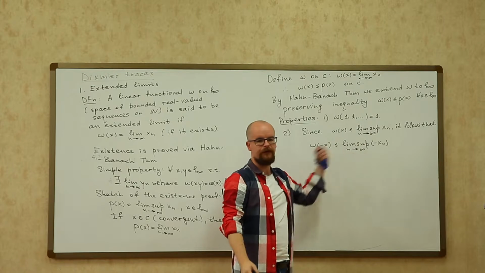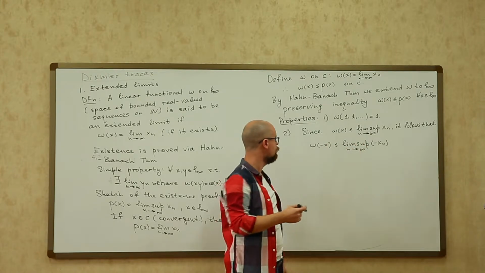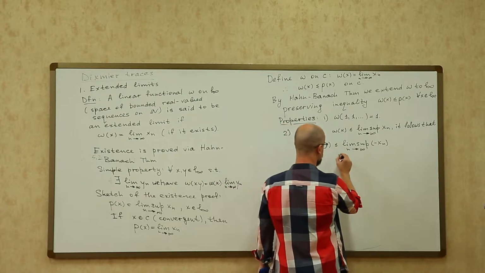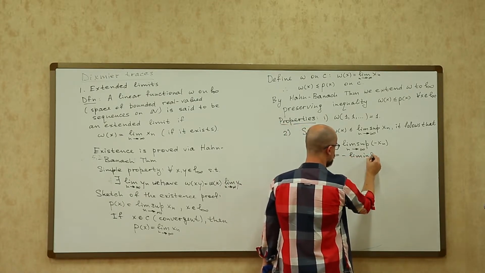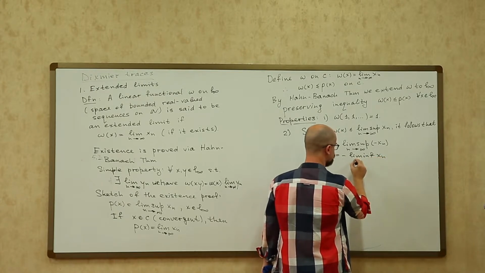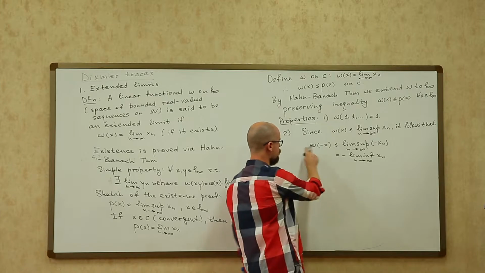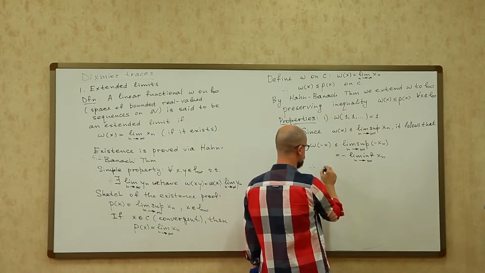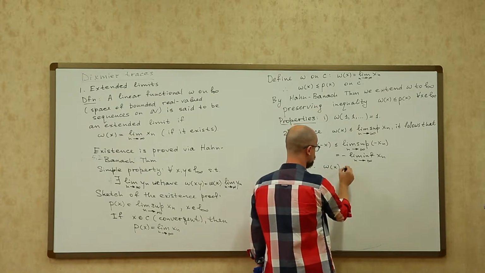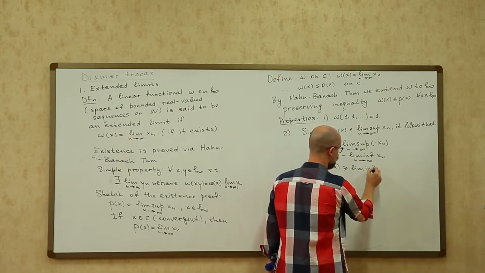And if we now take this minus to write it in front of the lim sup, we will get minus lim inf of xn. And using the linearity of omega, we obtain that omega of x is greater than or equal to lim inf.